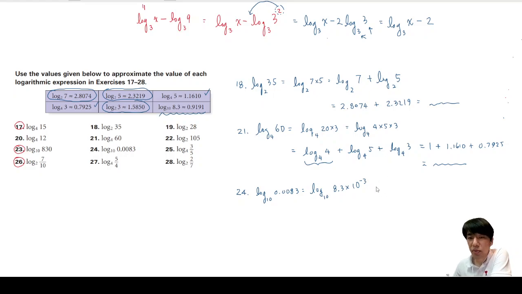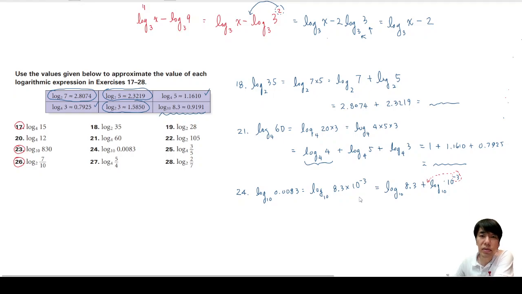Now you can separate this log into two: log base 10 of 8.3 plus log base 10 of 10 to the power of negative 3. This exponent can be sent in front of this log.